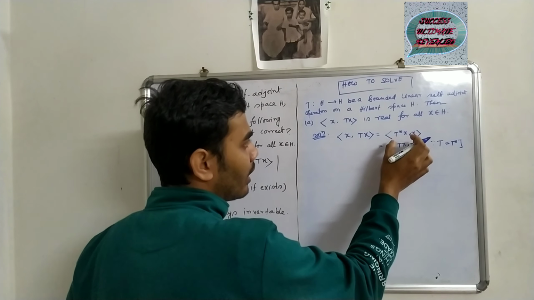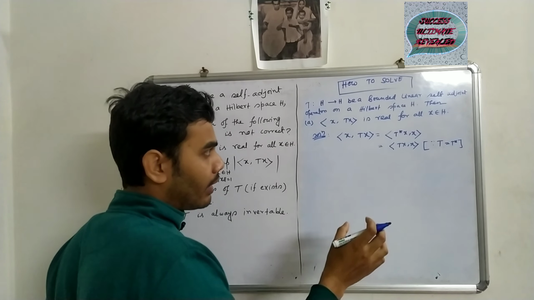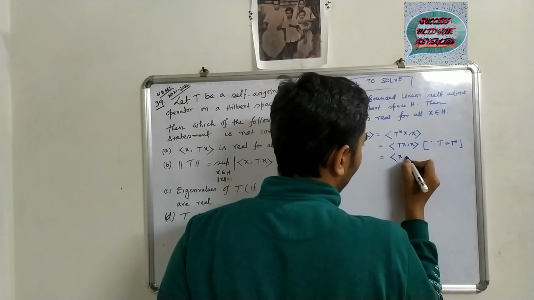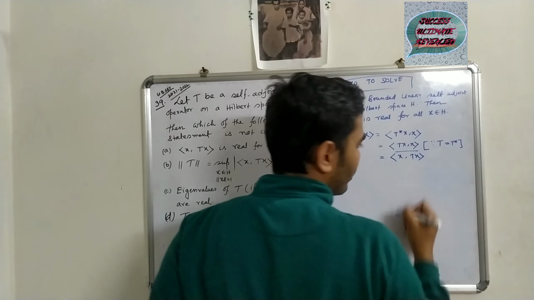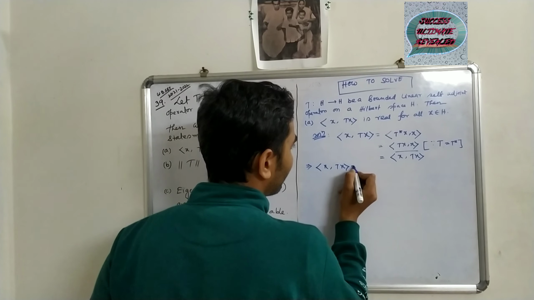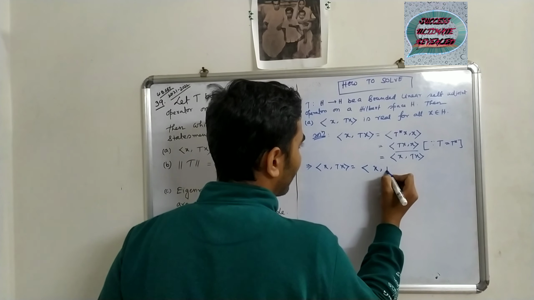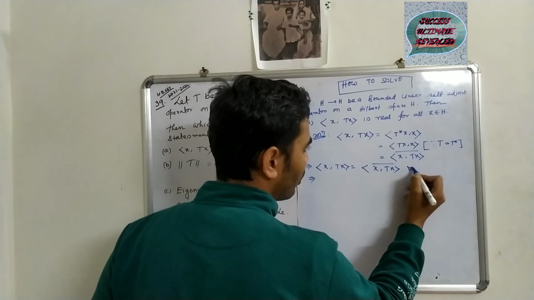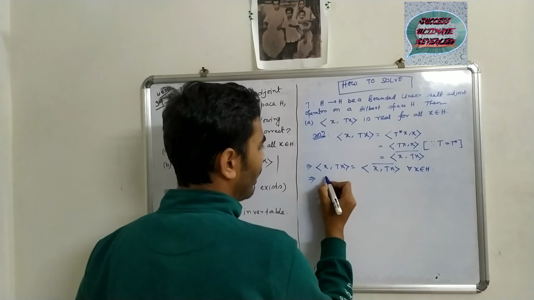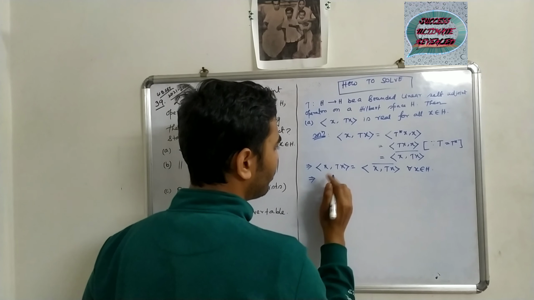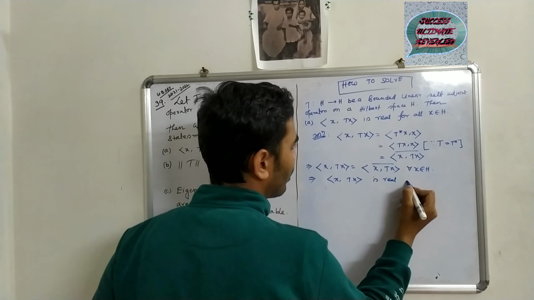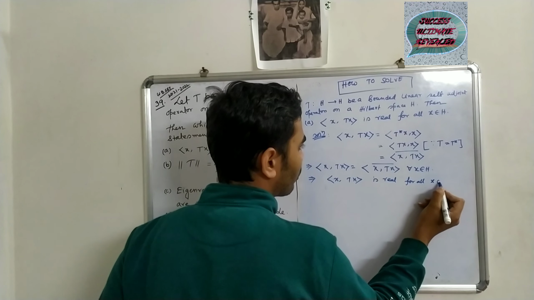And this is equal to the conjugate of the inner product of x and Tx. Clear? So ultimately we get that the inner product of x and Tx equals the conjugate of the inner product of x and Tx, and this holds for all x belongs to H, and this implies the inner product of x and Tx is real for all x belongs to H.